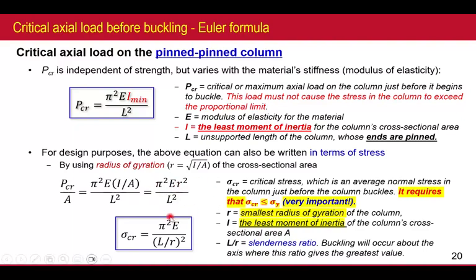Of course, we can still work on sigma CR, the critical stress: pi squared times E over L over r, squared. This comes from the slenderness ratio, which is very common in many designs. They will say the slenderness ratio is such and such, they will tell you the numbers. That's why you can put this value in very easily. This is from engineering design.